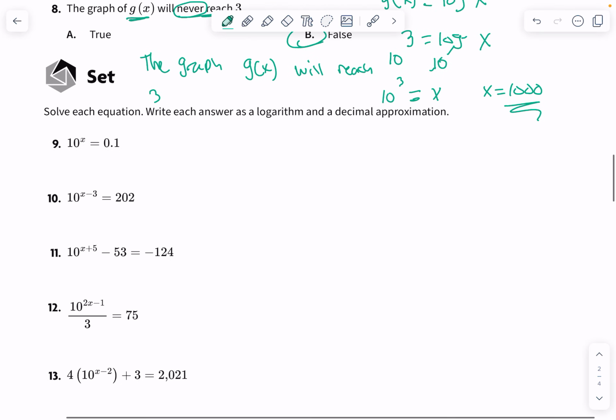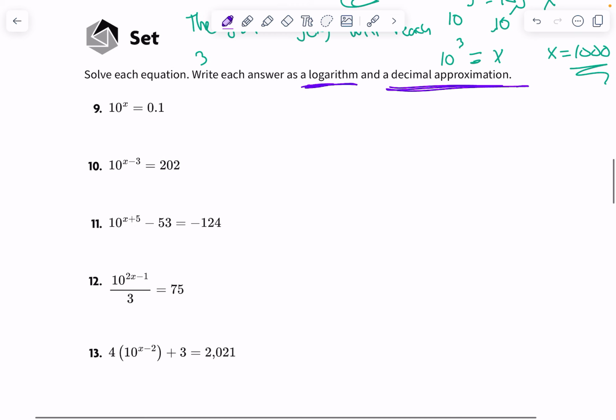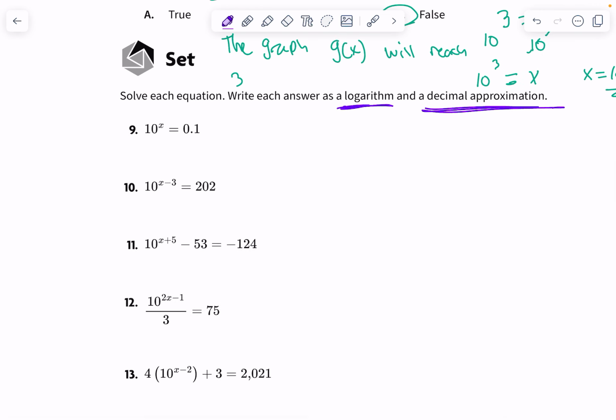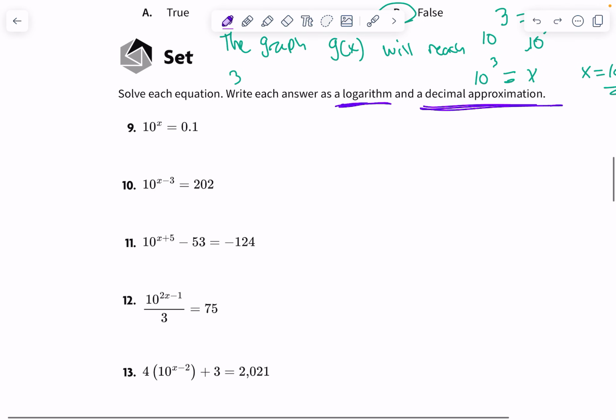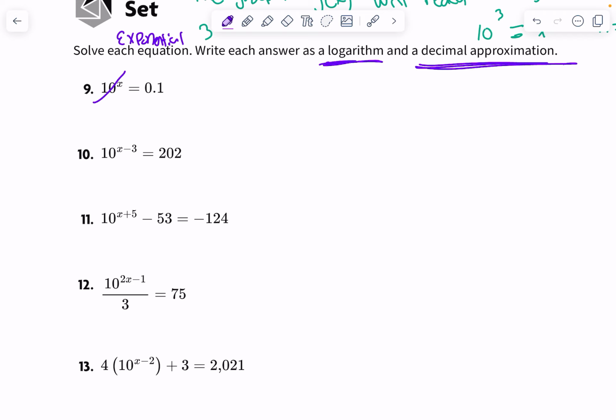Now number 9. So we're in the set part. Okay, ready, set. Solve each equation. Write each answer as a logarithm and a decimal approximation. Okay, so to solve these exponential equations, you want to get rid of this, okay?